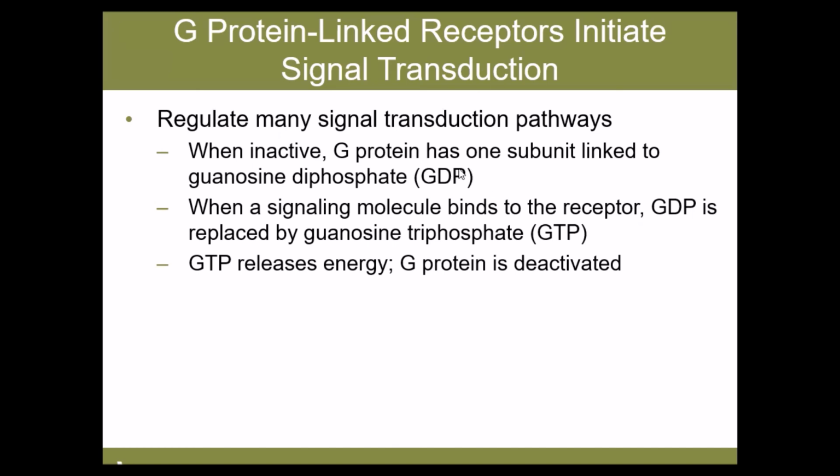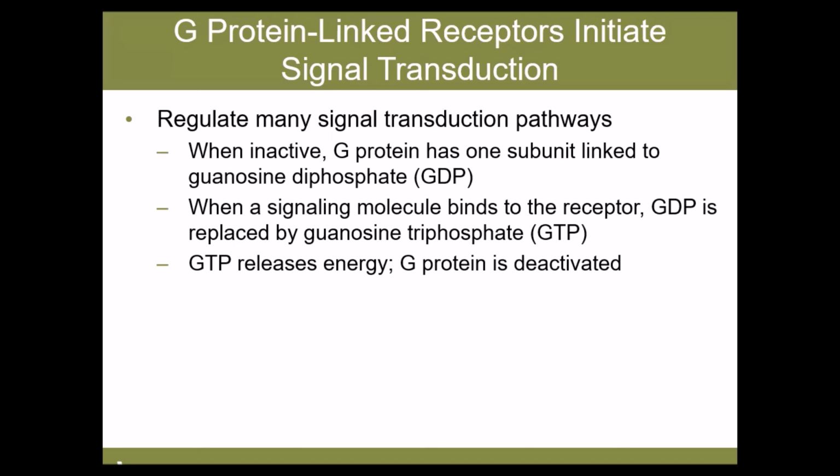This is like a low energy type molecule. This is similar to ADP. If you remember, ADP is adenosine diphosphate. So this is guanosine diphosphate. This uses a different nucleotide base. But this is GDP, a low energy molecule.